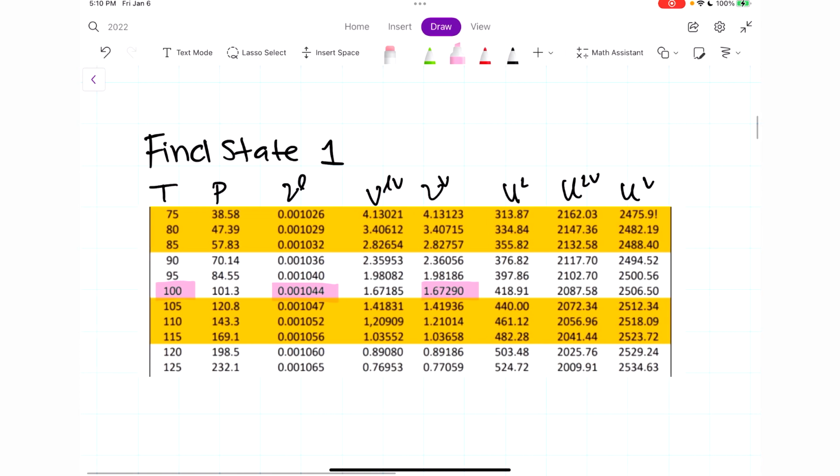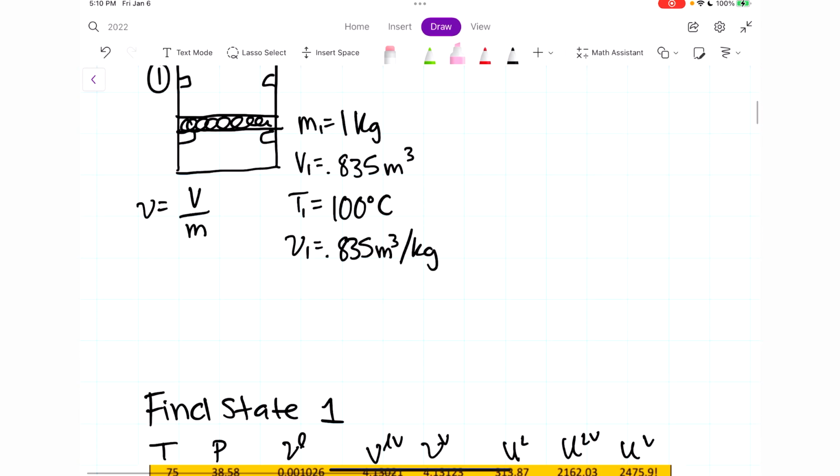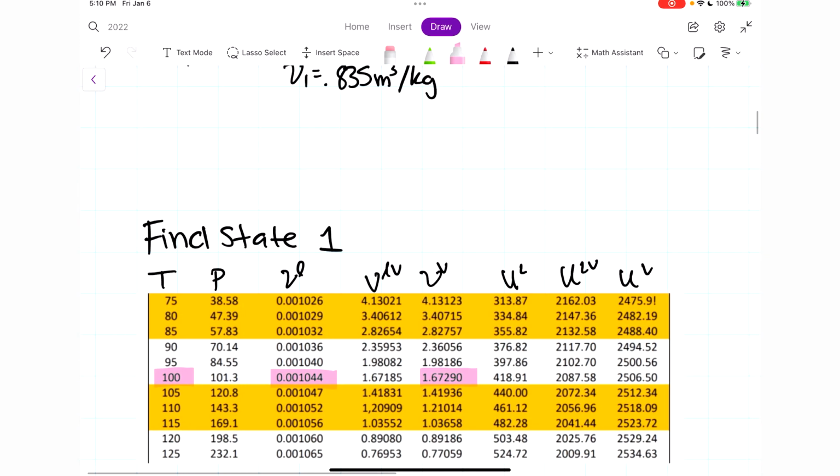Alrighty, so if the specific volume that we have is between these two guys right here, then that means we have a saturated mixture. If it's exactly 0.001044, it means it's a saturated liquid, and if it's exactly 1.67290, it means that it's a saturated vapor.